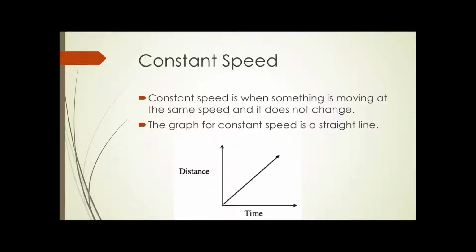So this graph here, this is what a constant speed graph looks like. It's a straight line showing you that you are going the same amount of distance in the same amount of time.